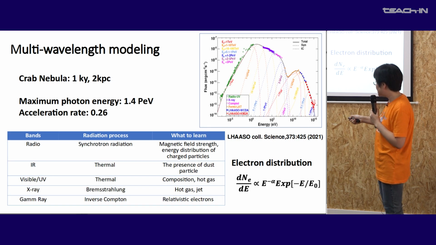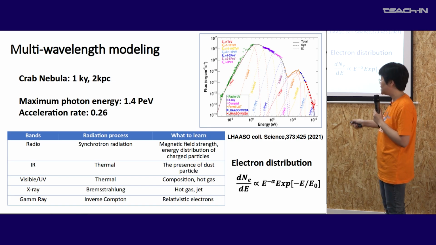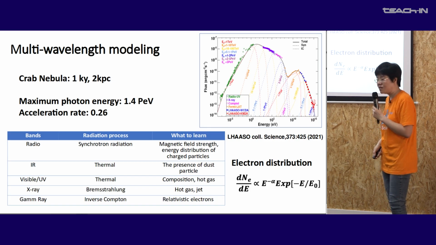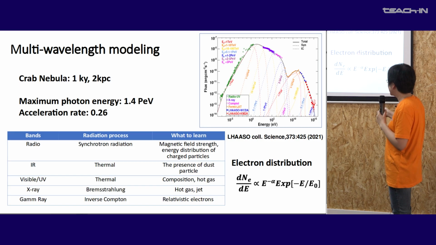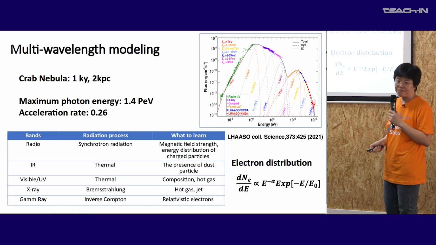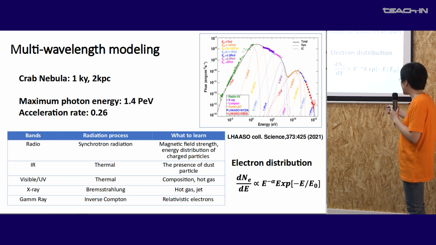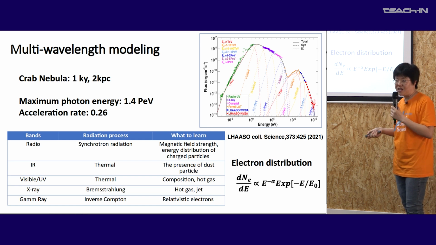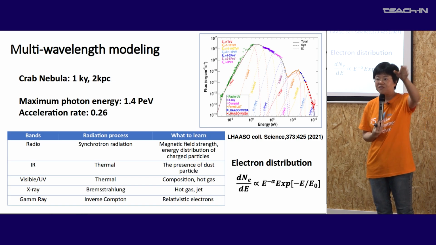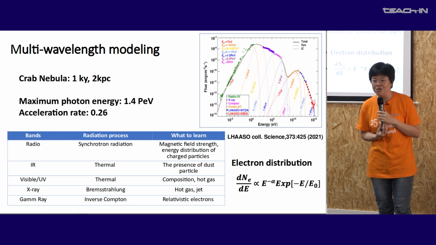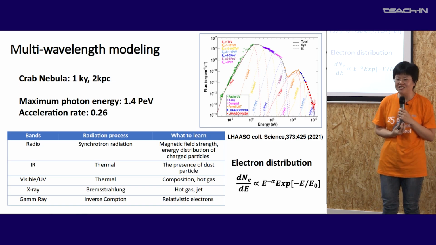And okay, from this part we'll know what's the maximum energy of those relativistic electrons. And we can assume there is an electron distribution with a power law, so E to the minus alpha, and there is a cutoff for this part, and you do the fitting, you kind of know what happened for the Crab Nebula and how the morphology is. So that's usually what people do for multi-messenger astronomy.